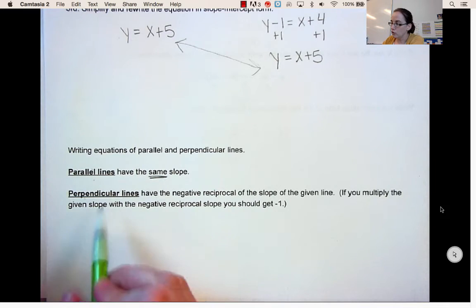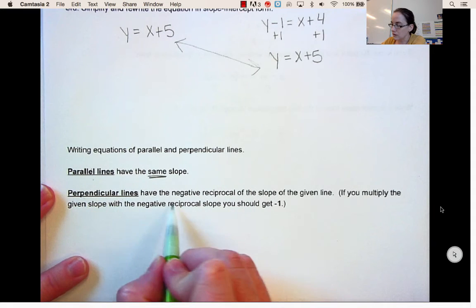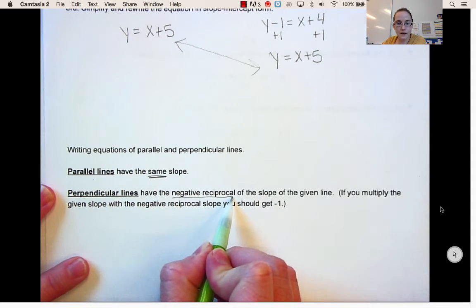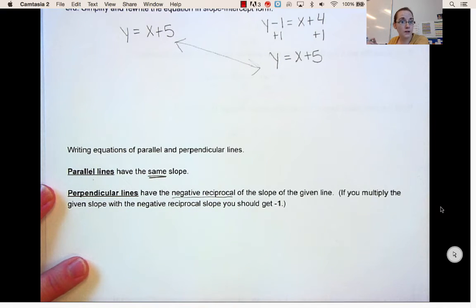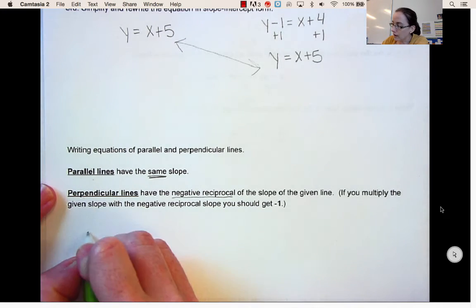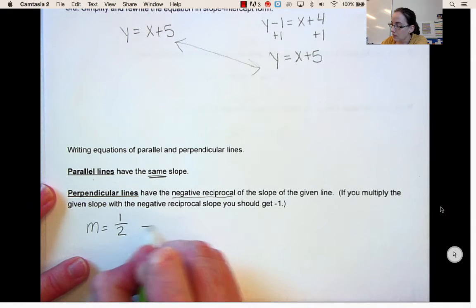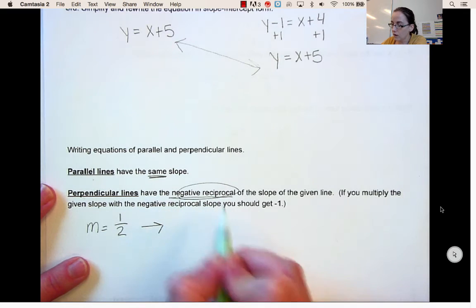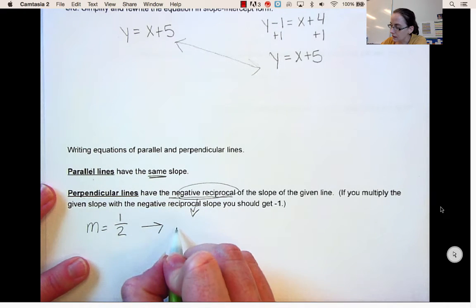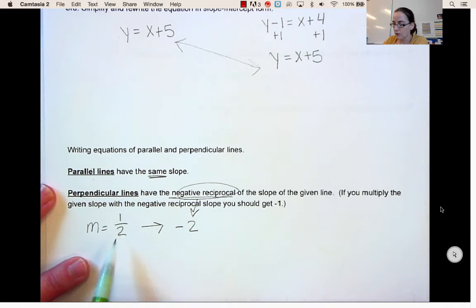So when you do perpendicular lines, you need the negative reciprocal. That's, remember, multiplicative inverse? When you flip, that's what you need here. But in this case, you have to change the sign. So if I told you that the slope is 1/2, the negative reciprocal of that slope is -2. It was positive, now it's negative.